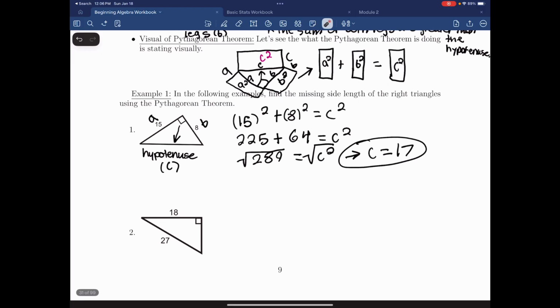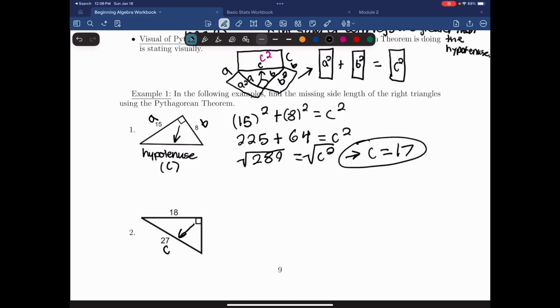Looking at example 2, let's first identify our side lengths of the right triangle. Directly across from this right angle, it looks like 27 is our variable c, because that's our hypotenuse.